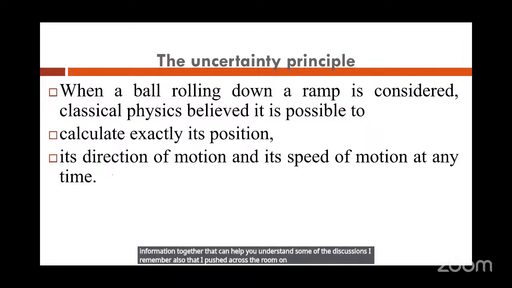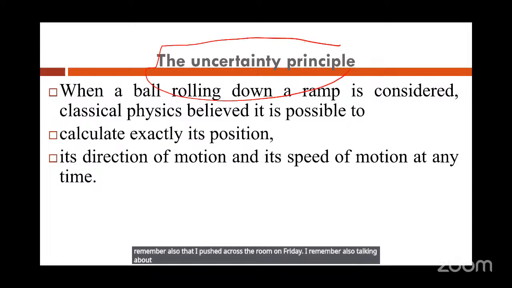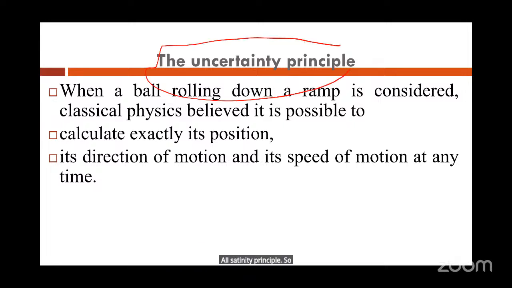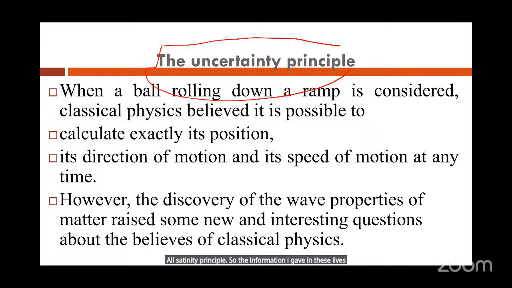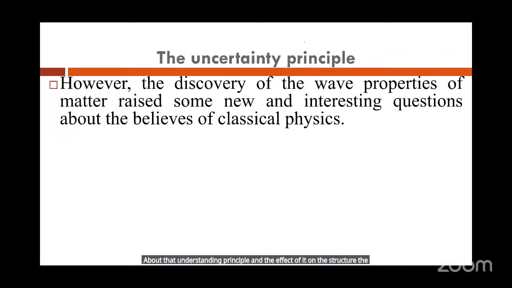I remember also talking about the uncertainty principle. So the information I gave in these slides now gave clear information about that uncertainty principle and the effect of it on the current structure that we know.